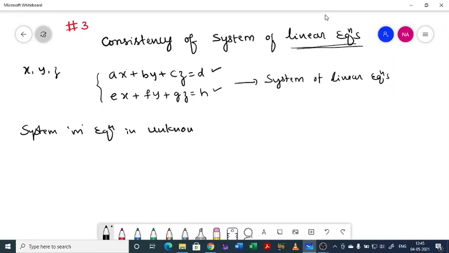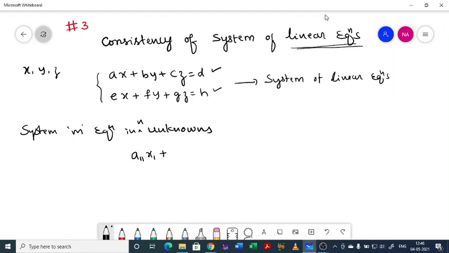Here there are two equations and three variables, or three unknowns. We use the words variables or unknowns. So this is a system of two equations in three unknowns. Now suppose you have in general a system that consists of m equations in n unknowns, then it can be written in a general format.